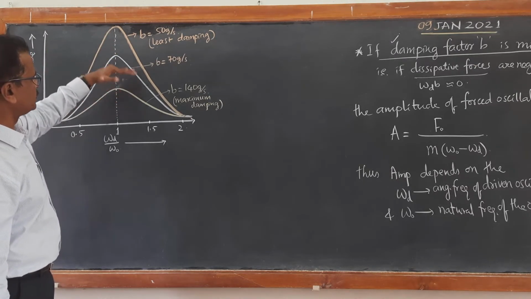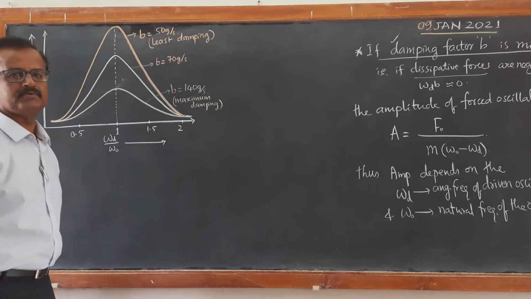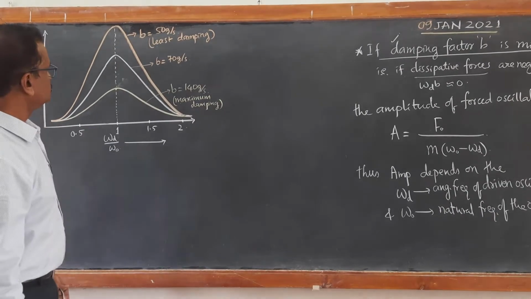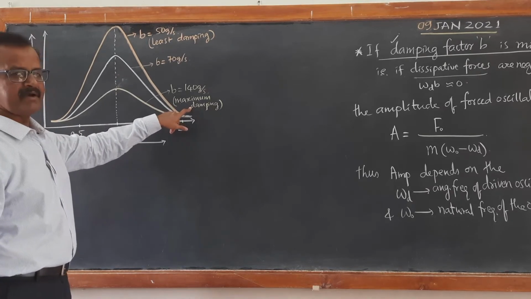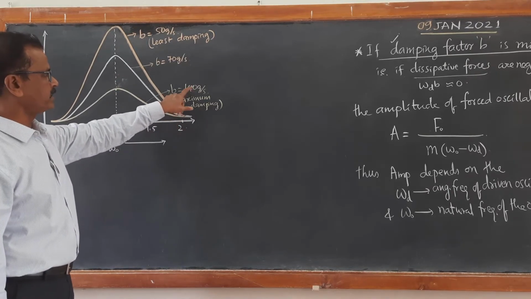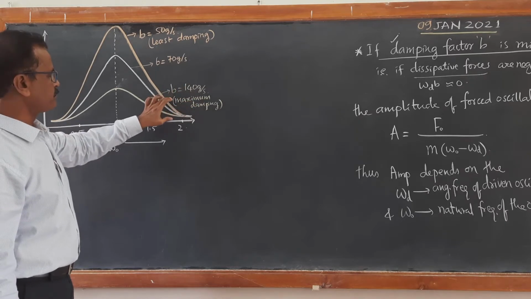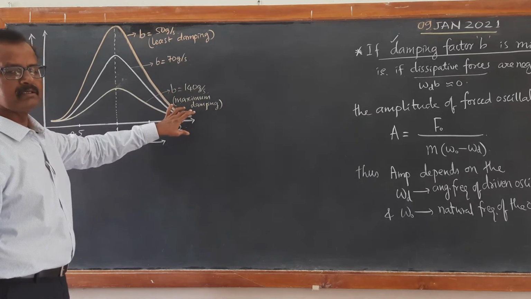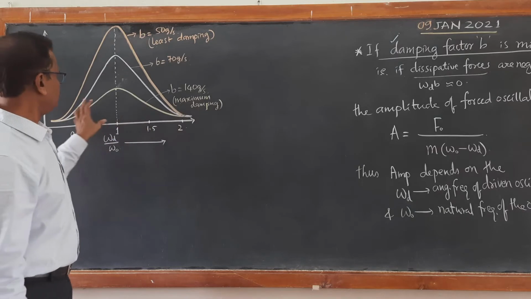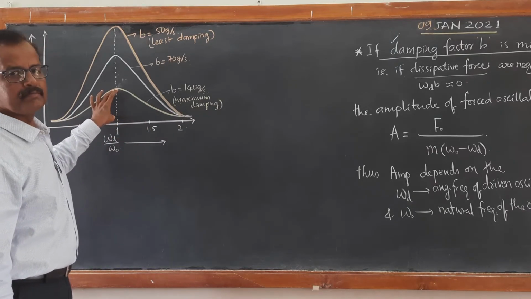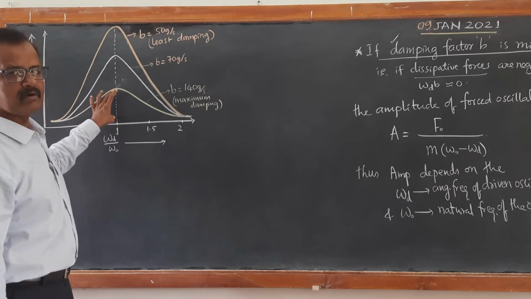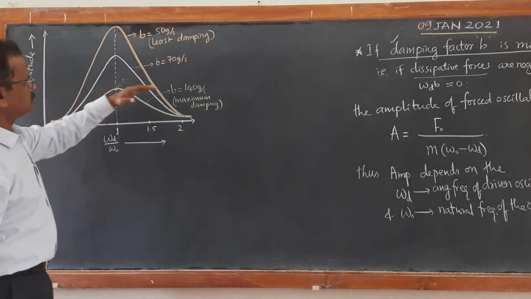So these are the three graphs for different values of damping constants. This is the graph for maximum damping factor. If b is 140 gram per second, if it is maximum damping due to the surrounding medium, then the amplitude will have a lower peak value.